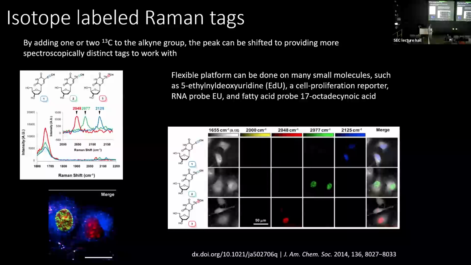Wayne at Columbia has made this into like 20 different labels with various chemistries. I think it's interesting to think about that we had 2 parameters we could tune, the bond strength or the mass, and then you can actually tune both of them and move these peaks around to get different information.